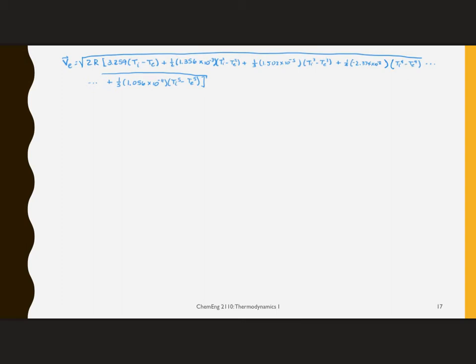If one integrates this polynomial, because really that's all it is, you get 2 times R, that comes from the fact that it was defined as C sub P over R, times the first constant times (Ti minus Te), plus 1/2 the second constant times (Ti squared minus Te squared), plus 1/3 the third constant times (Ti cubed minus Te cubed), plus 1/4 the fourth constant times (Ti to the fourth minus Te to the fourth), plus 1/5 the final constant times (Ti to the fifth minus Te to the fifth).